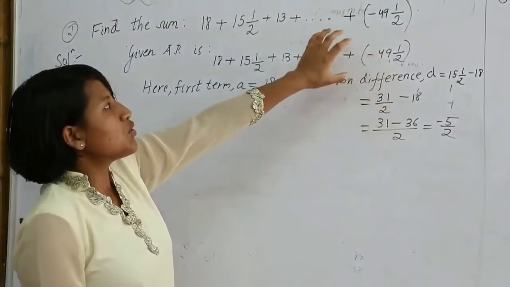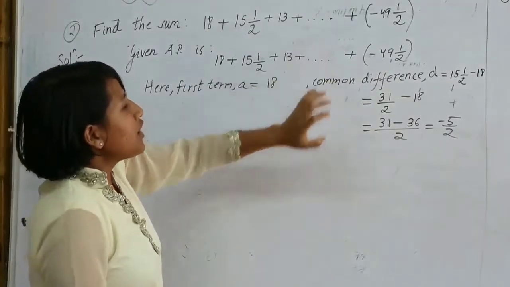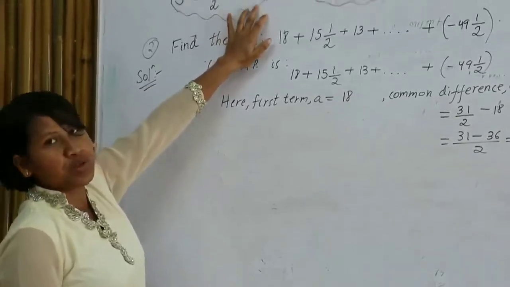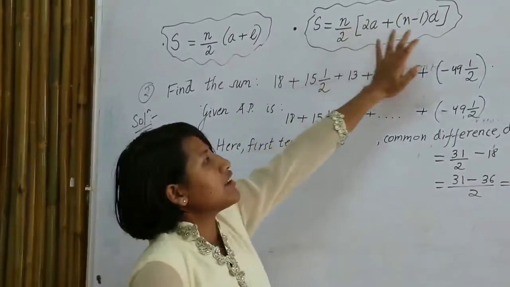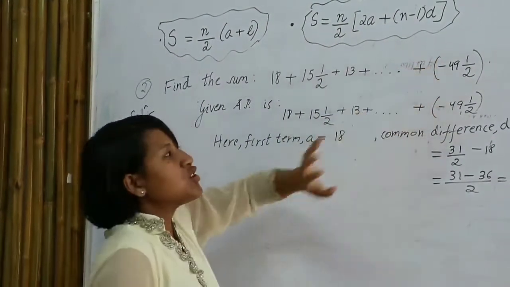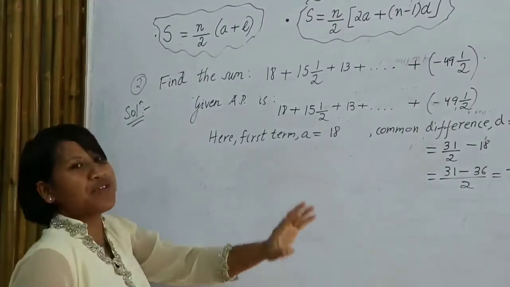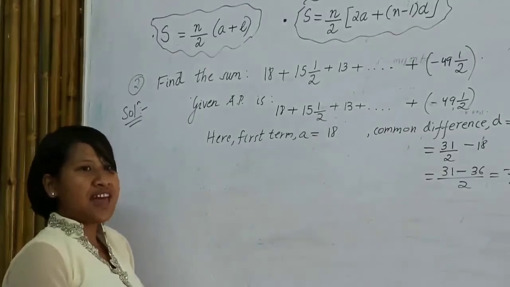If you check here, they haven't given the number of terms. However in the formula, either A, N and L should be known, or A, N and D should be known. So it means that we have to find N. It is a necessity that we have to find N. Now how can you find this N?